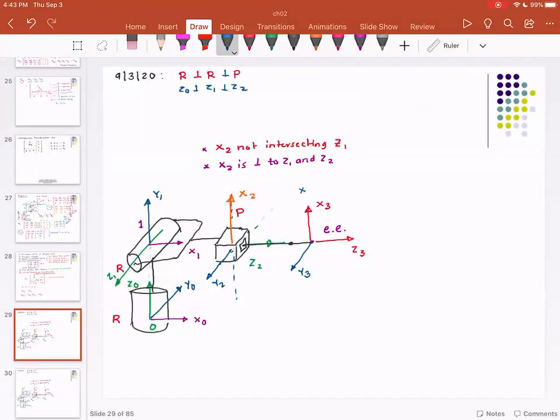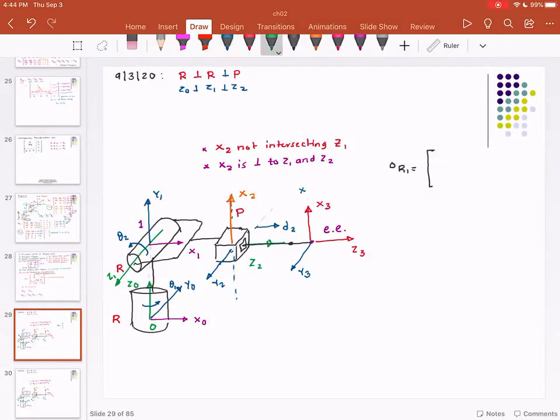Okay, so let's start with the first joint, 0R1. For this joint, I'm going to assign the angles theta 1, theta 2, and usually the extension of the prismatic joint is defined in terms of D. So I'm going to call this D2.